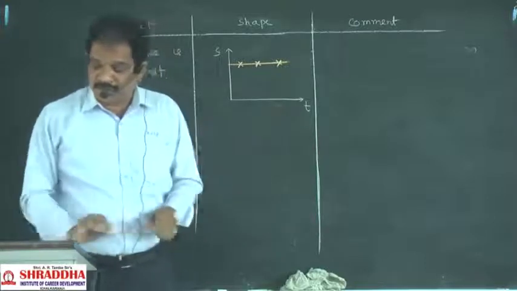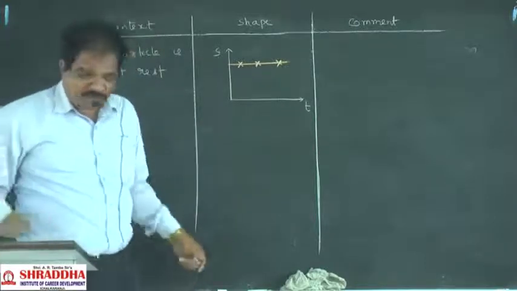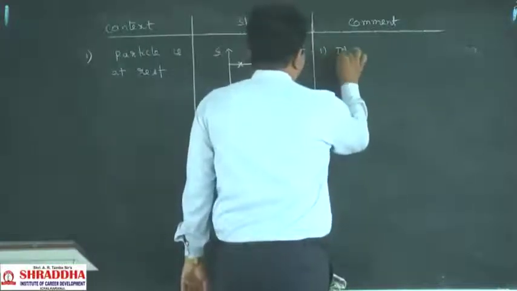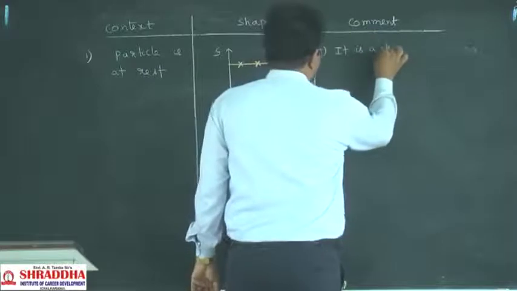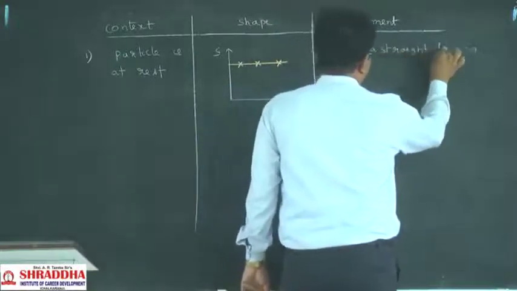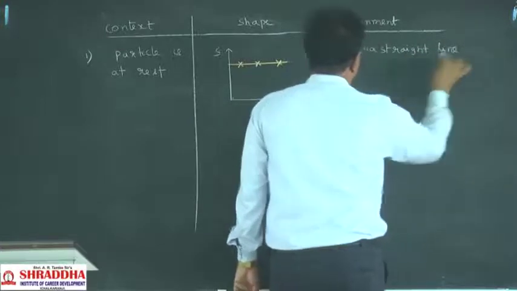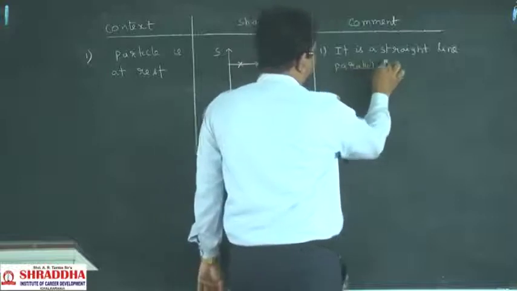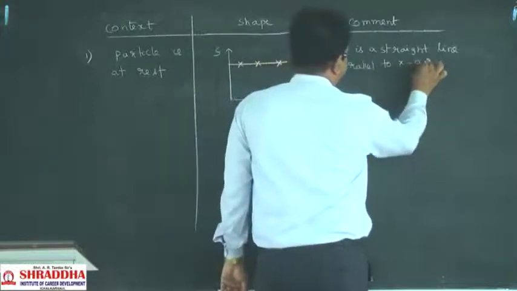Graph will be in this shape. So what we can say? It is a straight line parallel to x-axis.